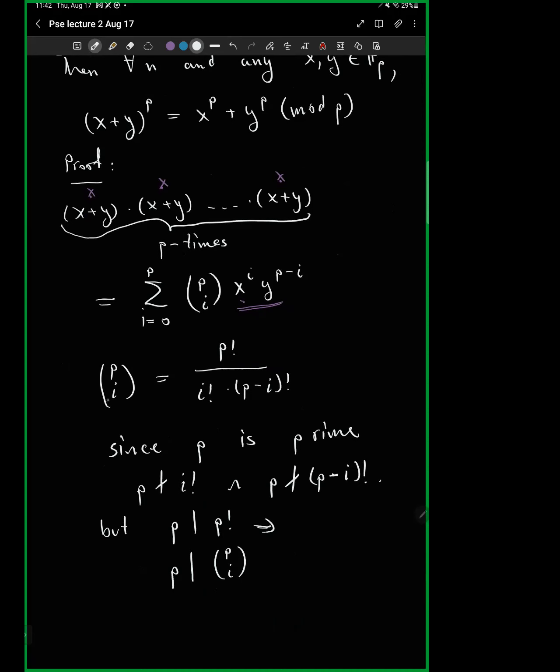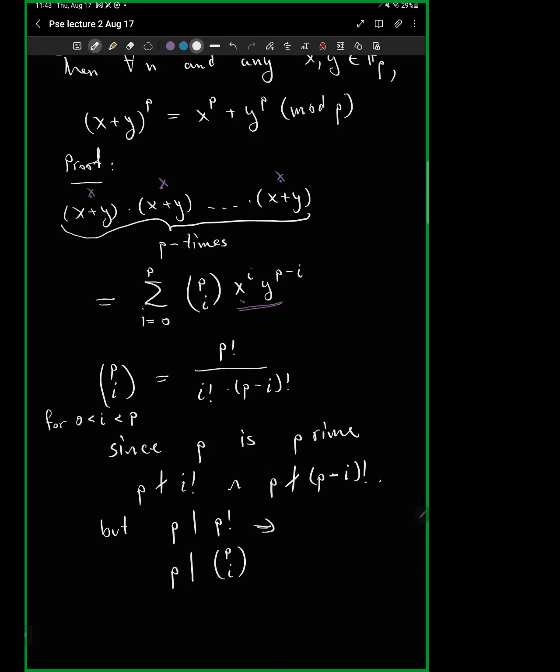But this is true, of course, if i is not in the edges. So I need to be bigger than 0 and smaller than p.